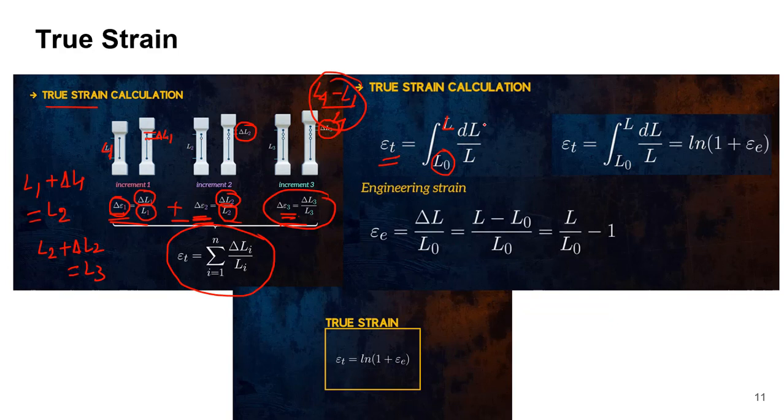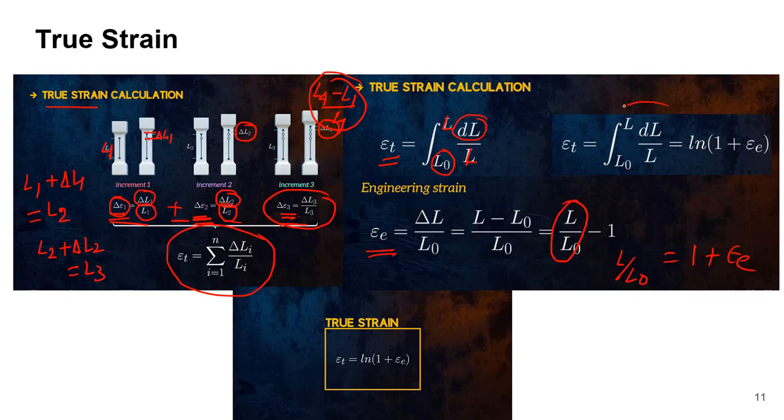The local increment will be with respect to that instantaneous length. If you do this integration, the expression will be ln of L by L0, and L by L0 is equal to 1 plus epsilon E.